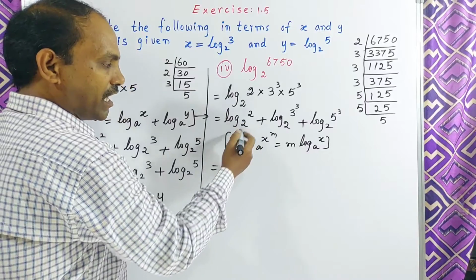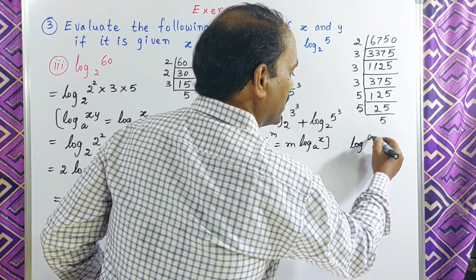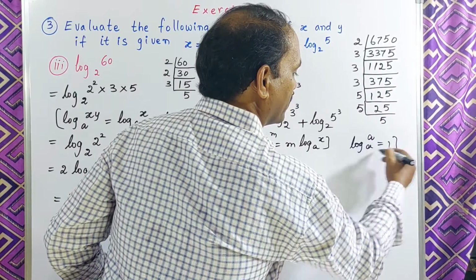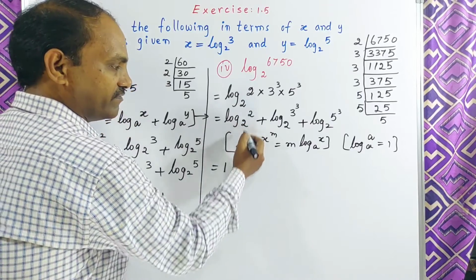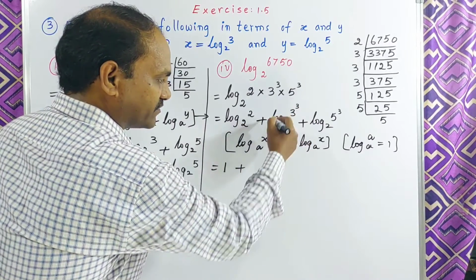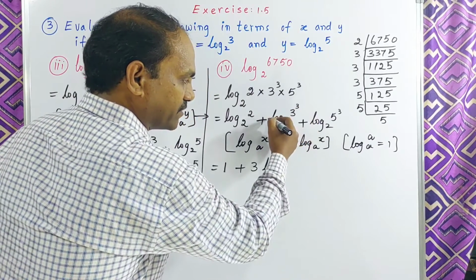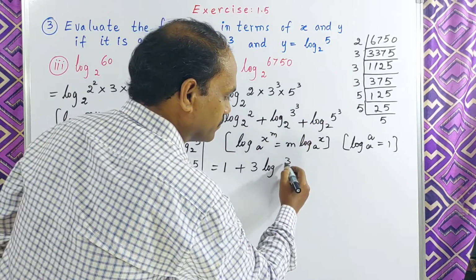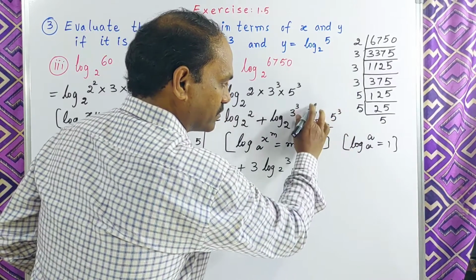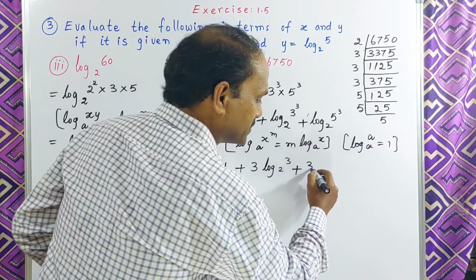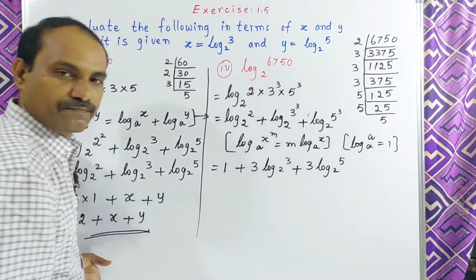Log 2 to the base 2 is 1, since log a base a is 1, plus 3 log 3 to the base 2 plus 3 log 5 to the base 2.